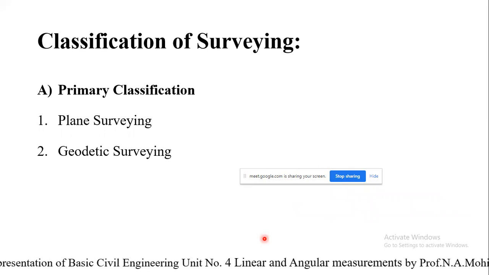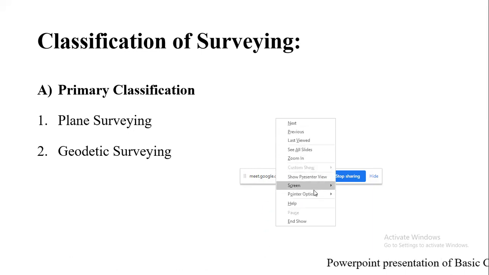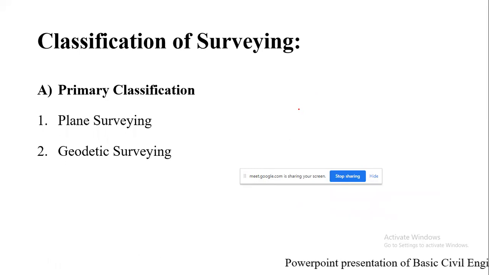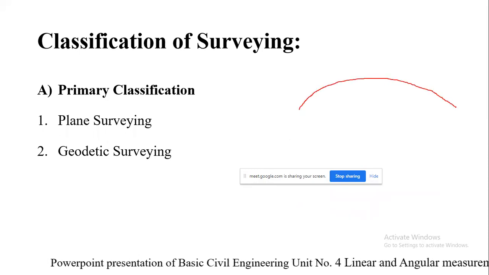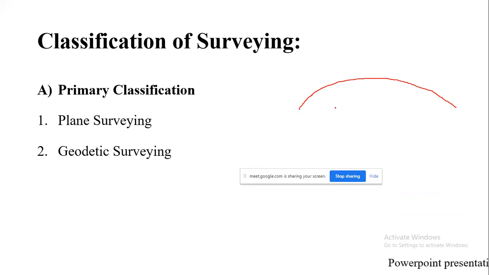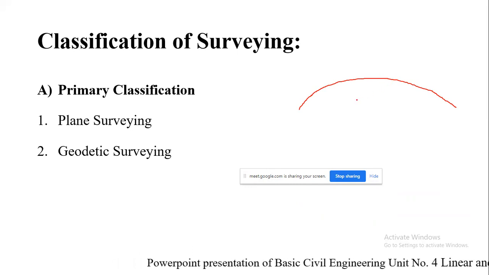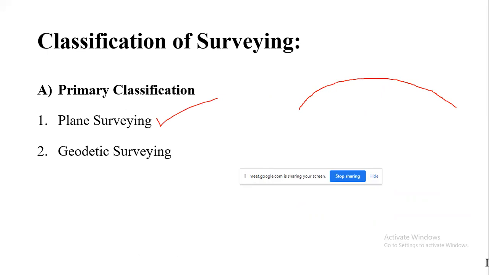We know that the shape of the earth is spherical, curved in shape, which is nothing but spheroidal. So the surface is obviously a curved one. In plane surveying, the curved surface of the earth is not taken into consideration.